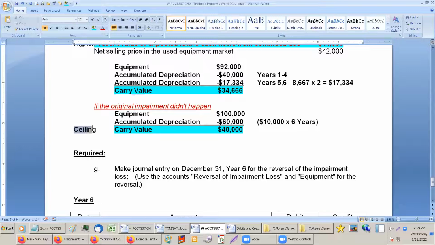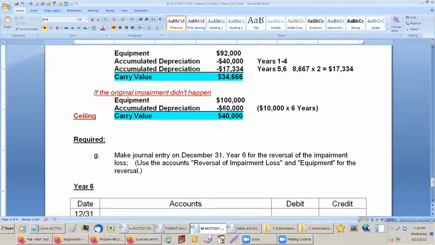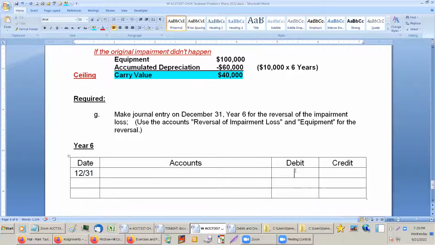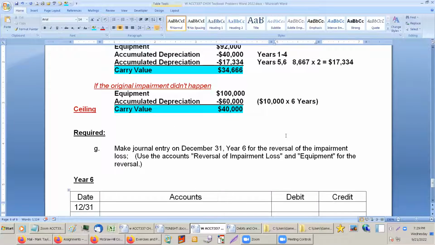The most we can write it up to is what we originally would have at this time, which would be 40,000. What's the difference? You know, 5,000 something, 5,337 or something like that. 5,234. Oh, okay. Yeah, you're right.